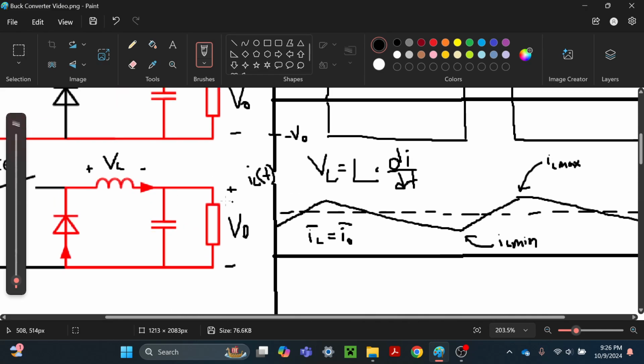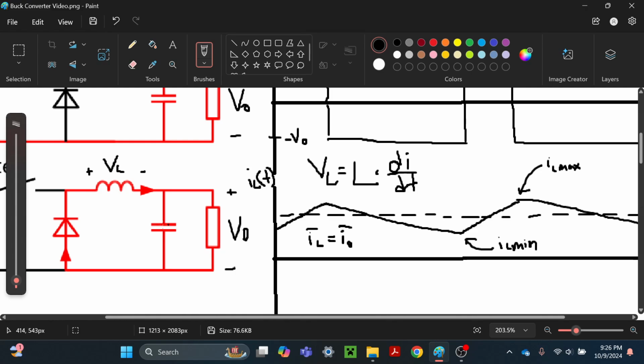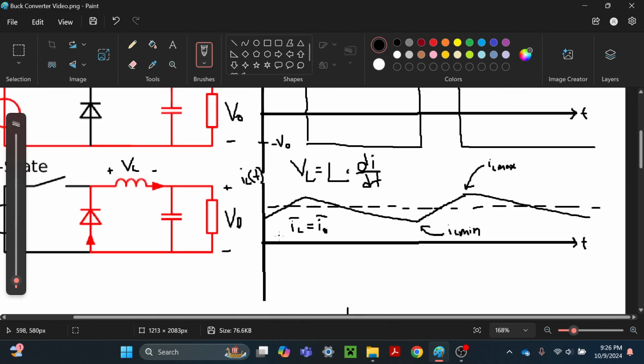This is equal to I out average because this capacitor here, if you think about it, basically acts as an open circuit for DC current, and depending on its value acts as a short circuit for AC current. So this AC current is actually getting shunted by this capacitor, and then the DC current is getting passed to the load. So the average of this inductor current is equal to the average of the output.